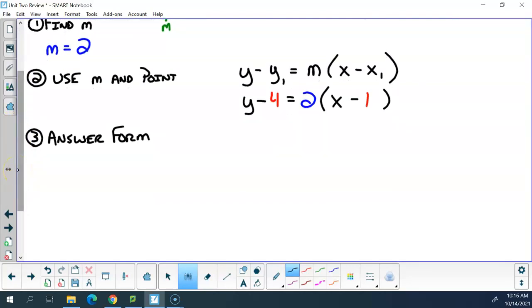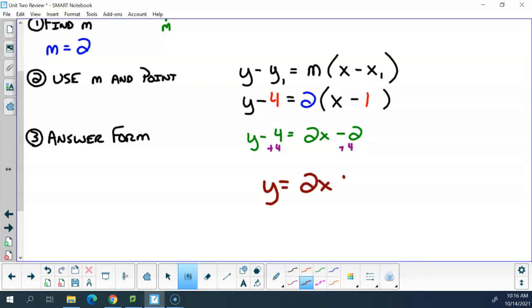If I do that, I have y - 4 = 2x - 2, and then I add 4 to both sides, and I have y = 2x + 2.